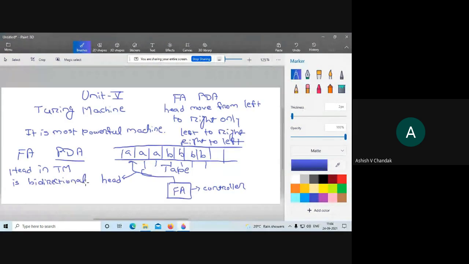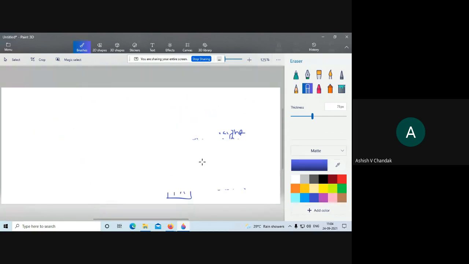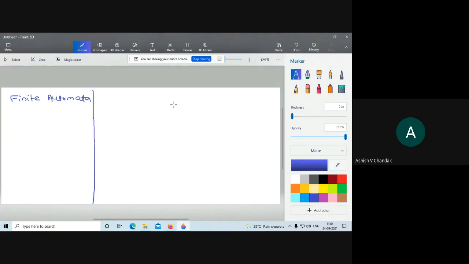Okay, so I will write the differences now. What is the difference between finite automata, pushdown automata, and Turing machine? All of you should know the difference. What is the difference in the three machines? There is finite automata, pushdown automata, and Turing machine.